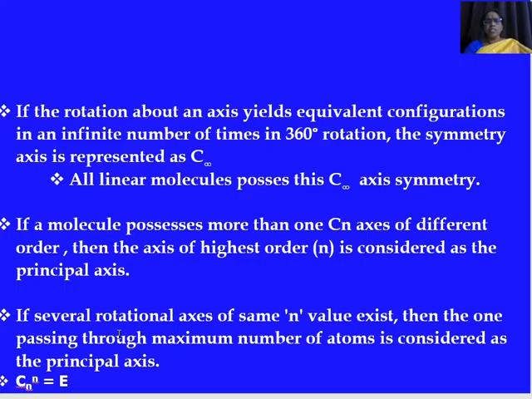If several rotational axes of the same order, the same n value, exist, then the one passing through the maximum number of atoms is considered to be the principal axis. And in general, Cn to the power n is equal to identity. That is, C2 squared is identity, C3 cubed is equal to identity, C4 to the fourth is equal to identity, that is a 360 degree rotation. Thank you.